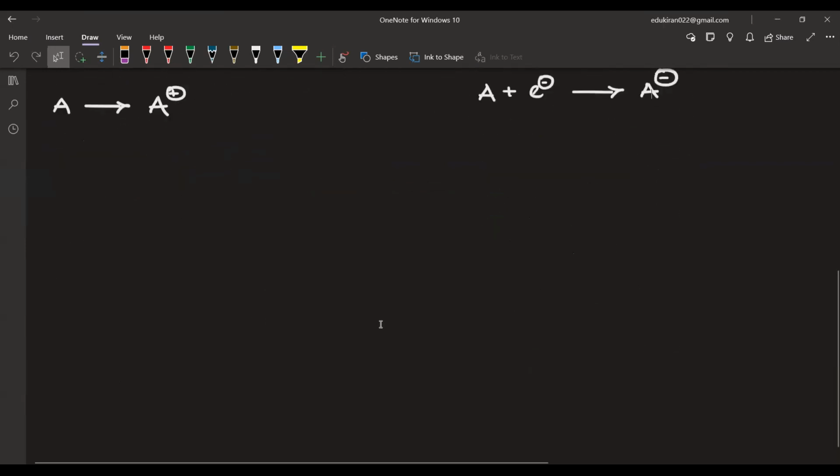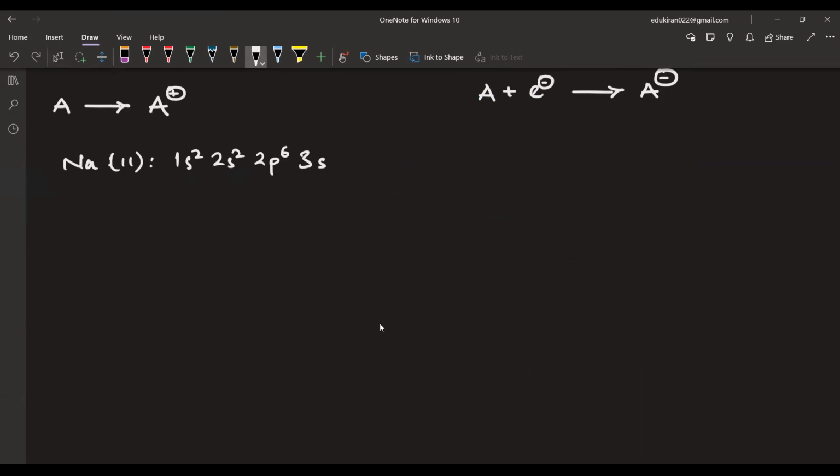So let us say you have sodium. What is the electronic configuration of sodium? The atomic number is 11. It will be 1s2, 2s2, 2p6, 3s1, right? Now, if I write Na positive, how many electrons will be there?